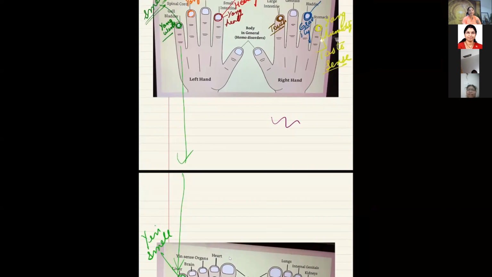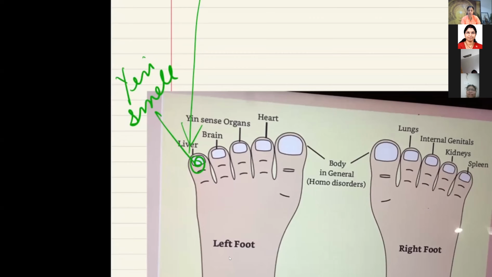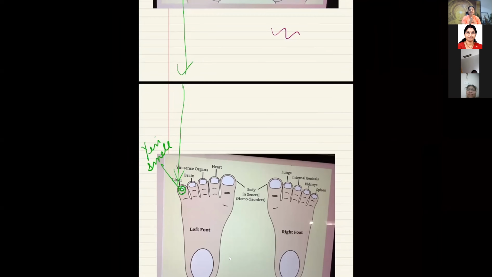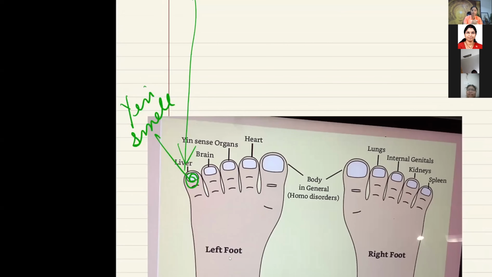The only thing is, if it is an acute problem that has come all of a sudden, then you have to focus on the hand yang, and if it is chronic, then you have to focus on yin. Also, when we are discussing sense organs, I will focus on the organ side by side. So if a person has any liver problem, then this is the nail which you have to stimulate every day.